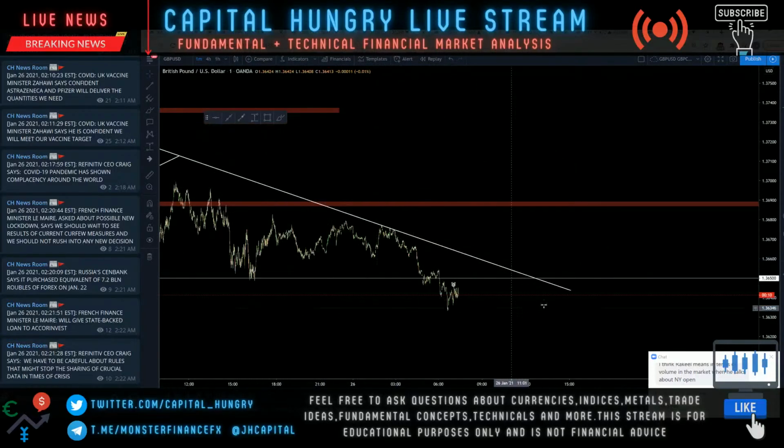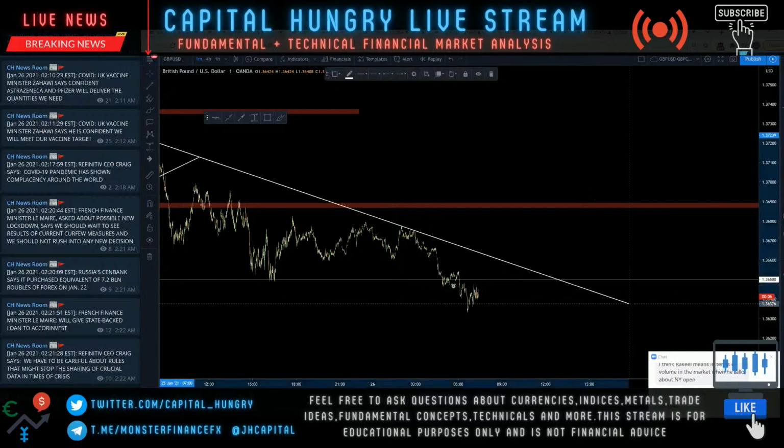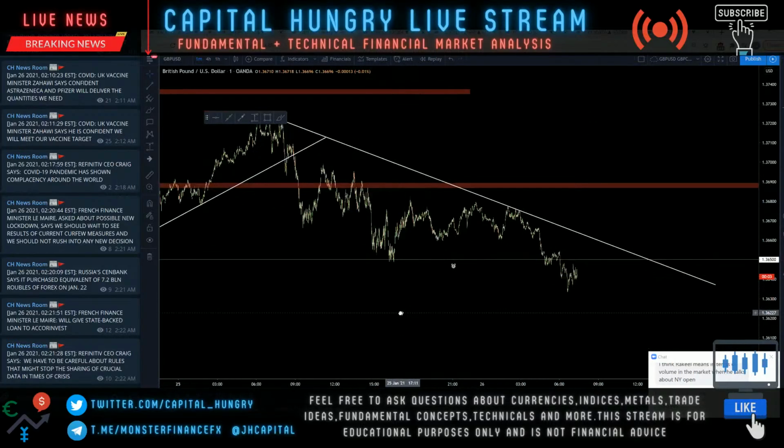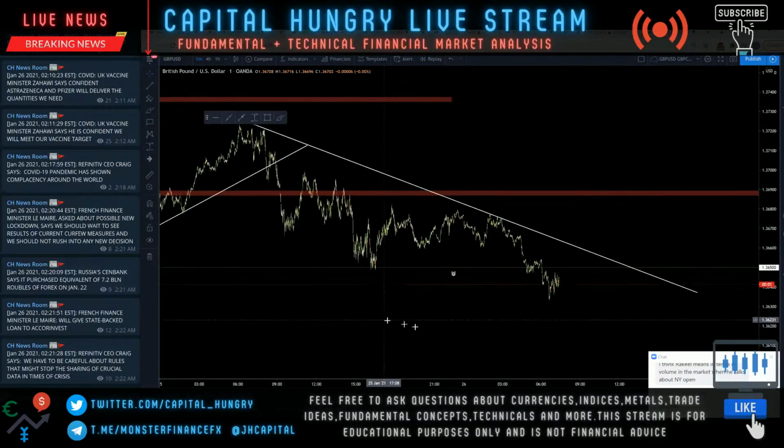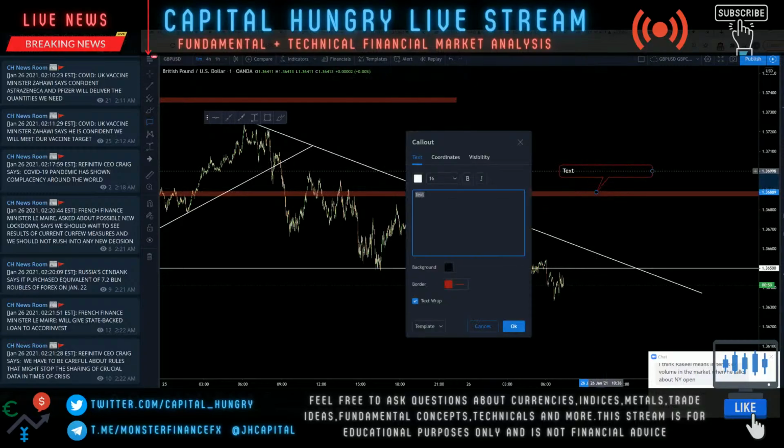We can see that we are respecting this corrective bearish market structure. So I cannot be safely looking for buys unless we had safe confirms above 1.369 with US dollar weakness.